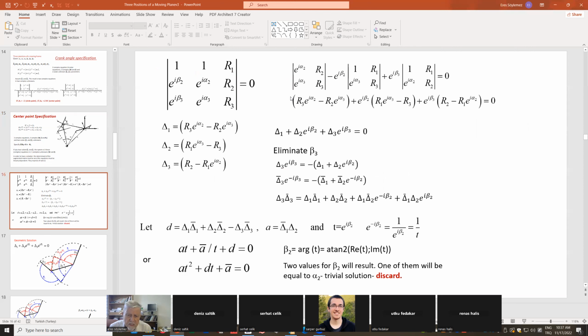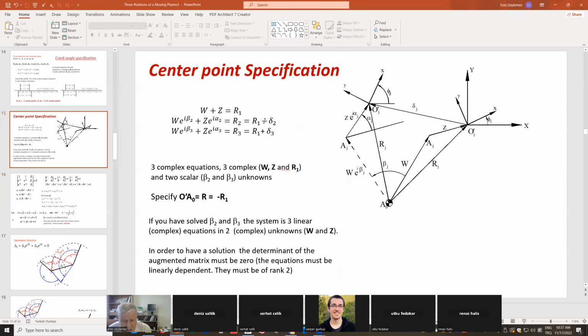Now, when I write this determinant, I expand the determinant with respect to the first column because it contains beta 2, beta 3. The terms R1, R2, R3, let me repeat, R1, R2, R3, if I'm given R1 is minus R, delta 2, delta 3, alpha 2, alpha 3 are known.